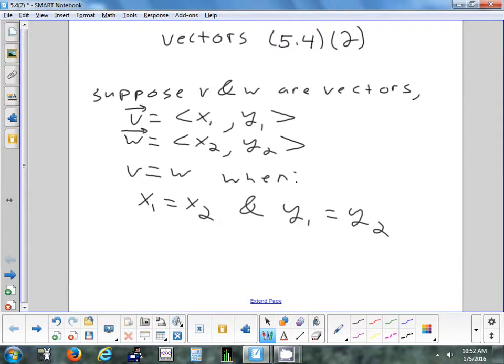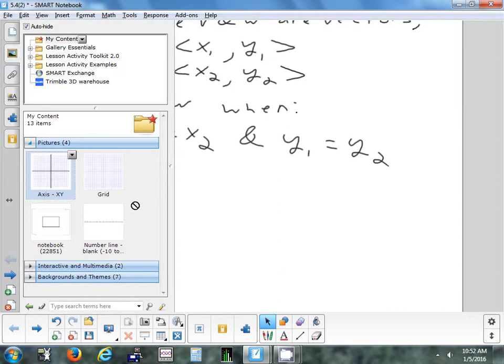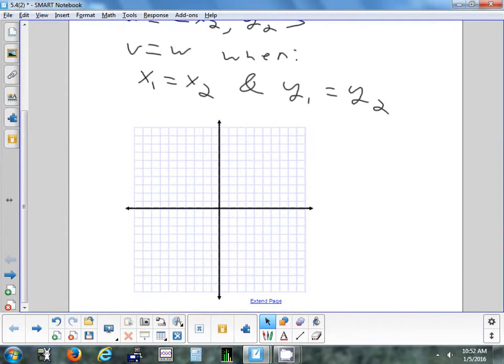Okay, it doesn't mean that when we sketch them, they have to be sketched in exactly the same spot on a graph paper. So, for example, say I wanted to sketch the vector 2, 3.